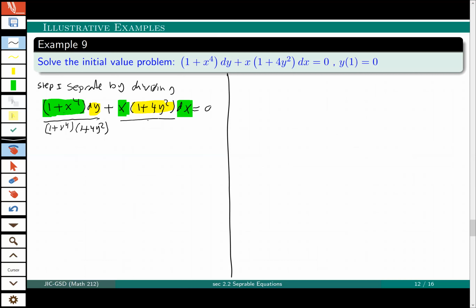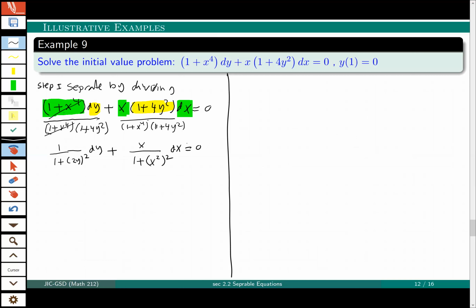Here I will have 1 plus x to the power 4 and 1 plus 4y squared. We'll have 1 over 1 plus 2y all squared, here plus x to the power 4, which is x squared whole squared.